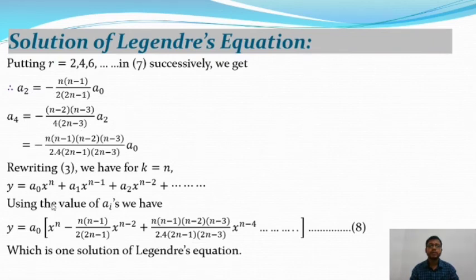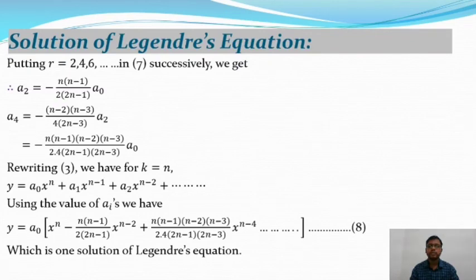So using the values of ai's, we have y is equal to a0 into x to the power n, minus a2 where a1 is 0. So minus a2 where a2 is equal to minus n into (n minus 1) by 2 into (2n minus 1) into x to the power n minus 2, plus a3 term, and this is equal to 0.